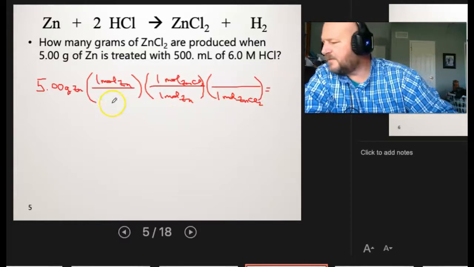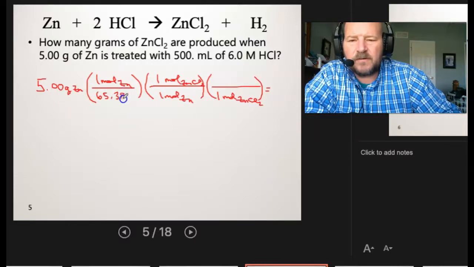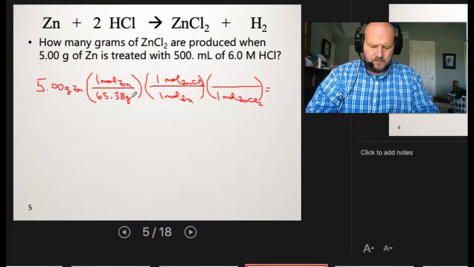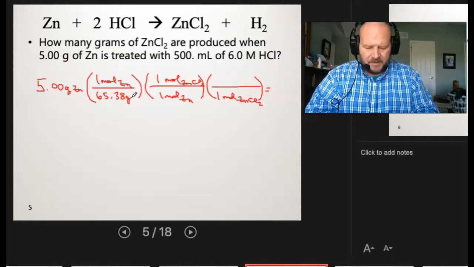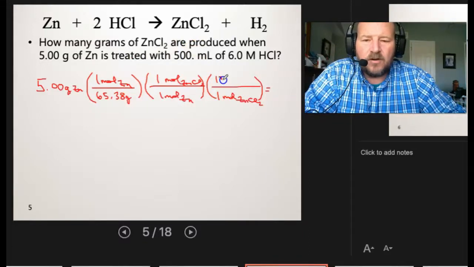All right, so periodic table time, 65.38 grams. Two chlorines and 1 zinc gives me 136.28 grams for the product.